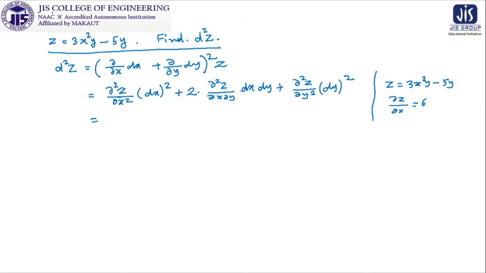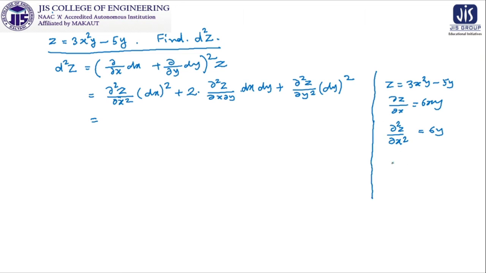So 3 into 2, 6xy, and nothing will be coming from this part. So del 2 z del x2 will be 6y, and similarly we can find del z del y, del 2 z del y2, del 2 z del x del y.